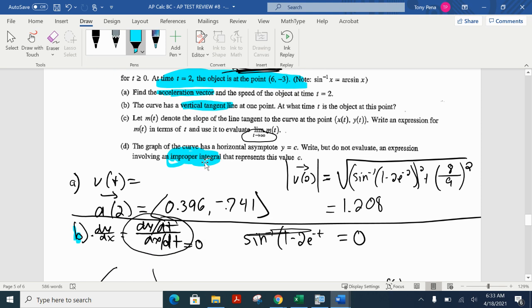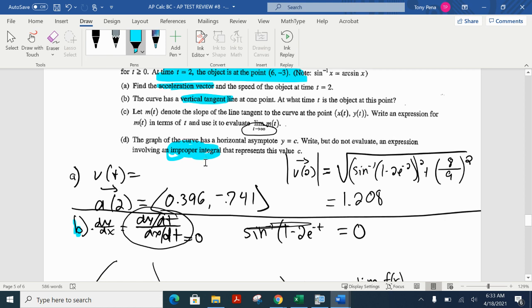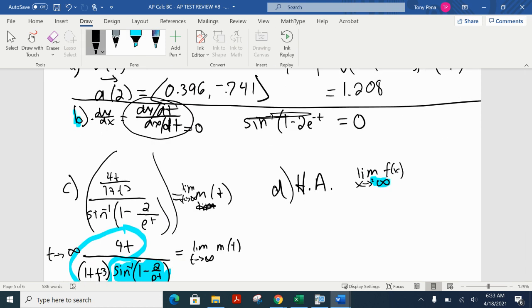So they gave us that for a reason, and it's for letter D. So at the time of 2, let me remember this, so 2 and then 6, -3. So they also tell us that at the time of 2, we are at a position of 6, -3. So now let's combine these ideas. Really, the 6 doesn't apply to this question in terms of letter D. What we are told is at the time of 2, our current y position is -3.